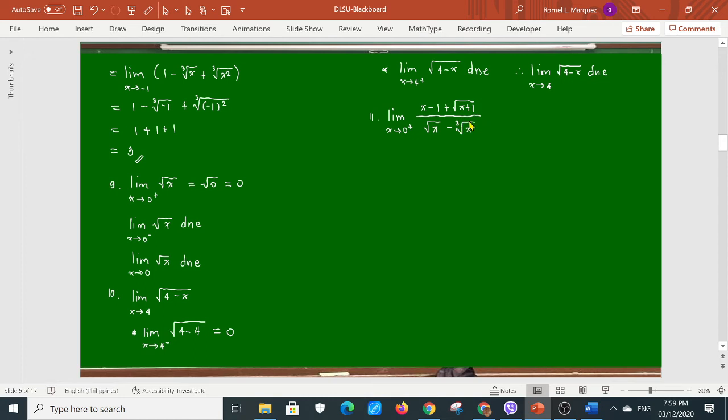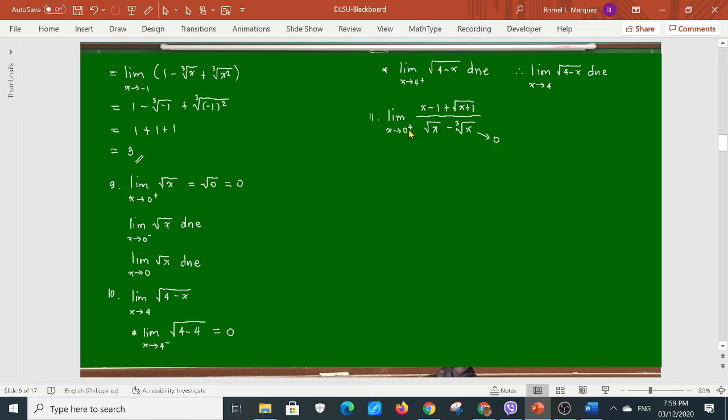Let's check. What's the denominator first? What is the limit of square root of x as x approaches 0 from the right? Pwede bang substitution rule? Yes. We evaluated that already. So, 0. Cube root ng 0, 0. I can evaluate that.